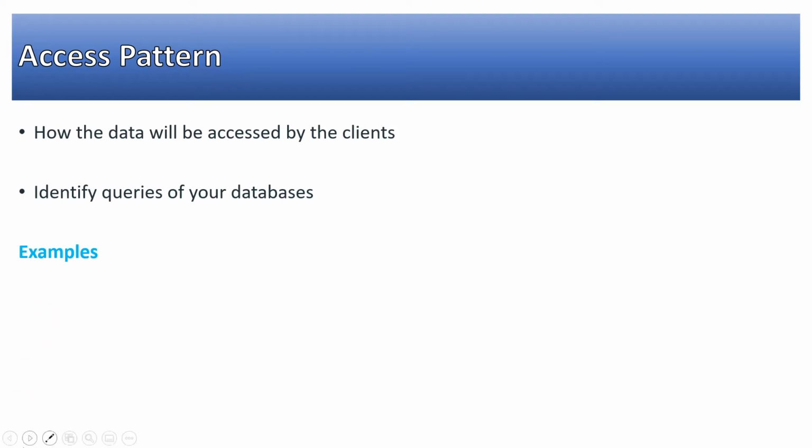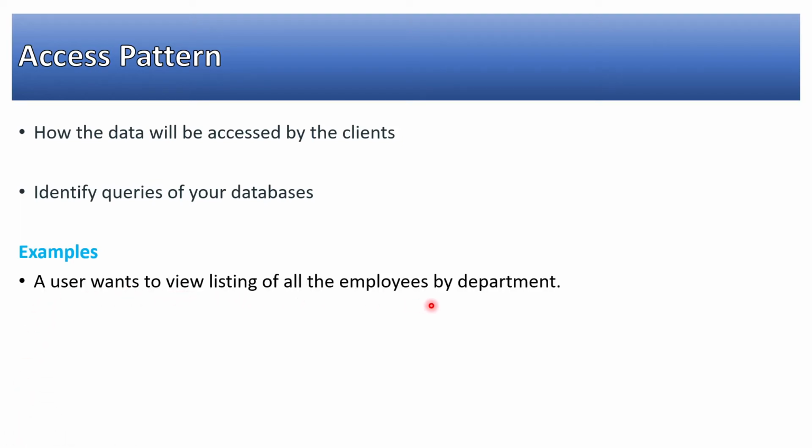An example could be a user wants to view a listing of all the employees by department. Please note that from the employees collection we can easily fetch all the employees, but here by department is the key. You should be able to find all the employees by department with the minimum possible time, with minimum latency. So that is one access pattern.